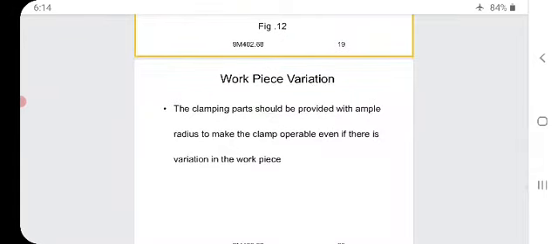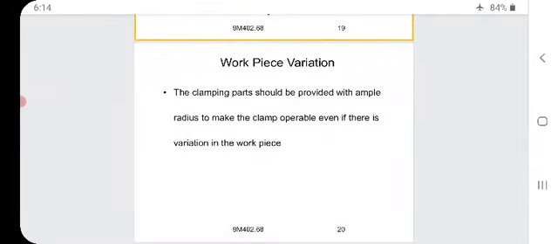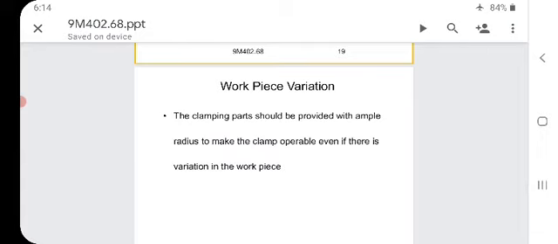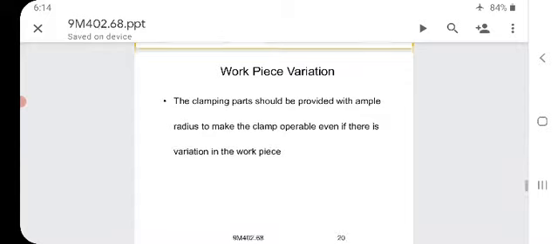So, the workpiece variation. The clamping parts should be provided with ample radius to make the clamp operable even if there is a variation in the workpiece.